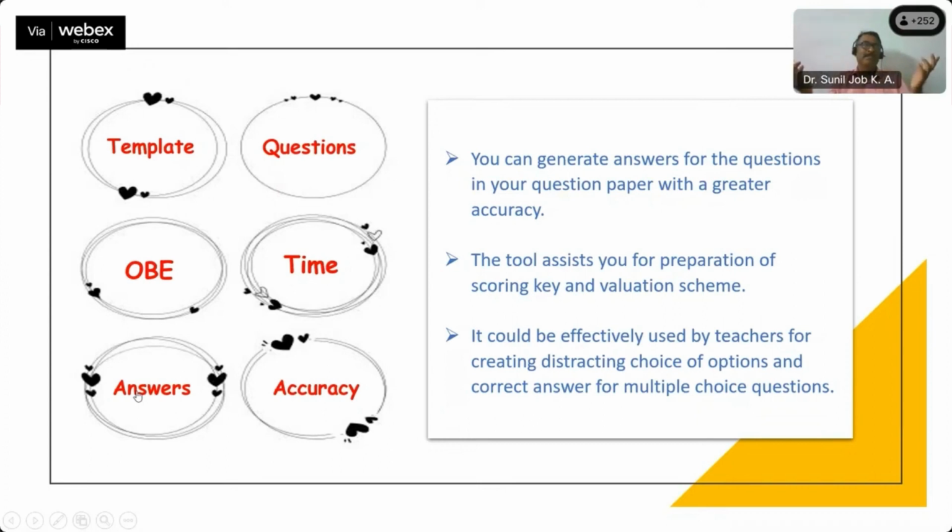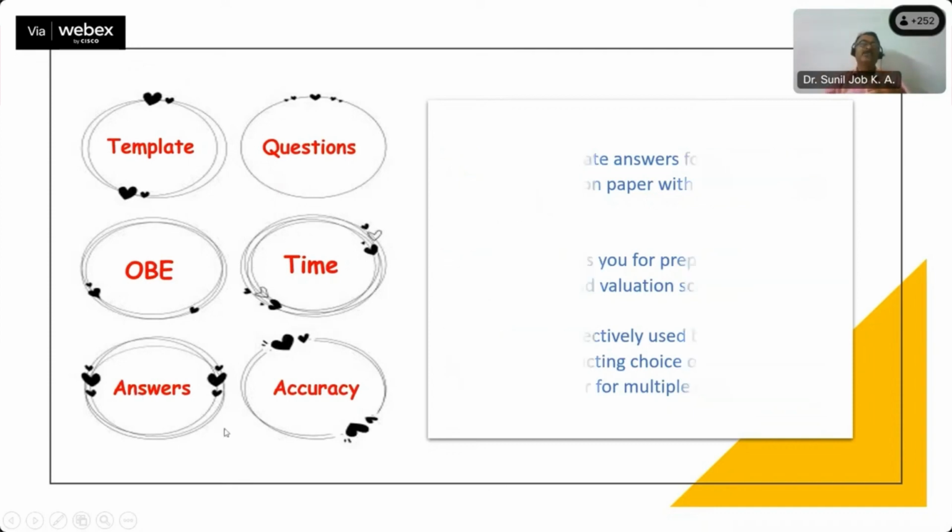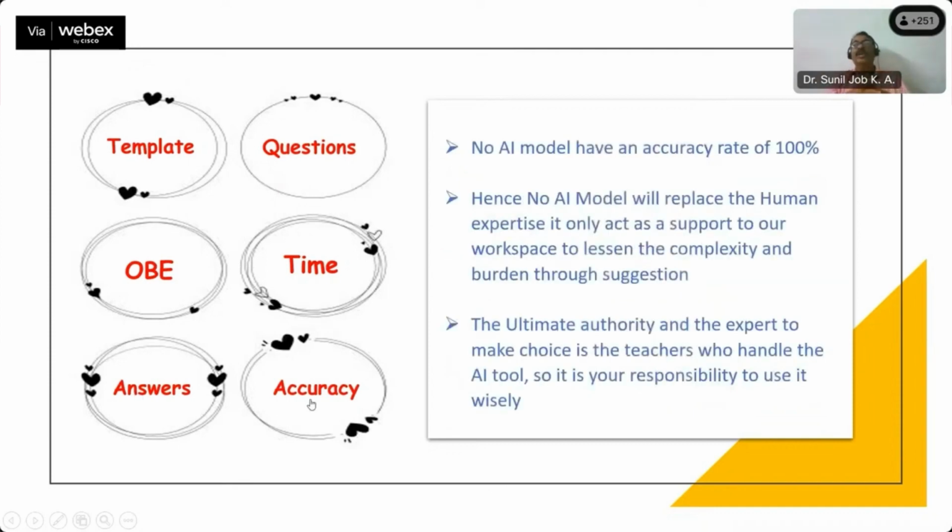If you had 100% accuracy, there would be no need for validating what this AI tool gives. So validation is very important, and that's what I mentioned here. No AI tool has an accuracy of 100%. Hence, no AI tool can replace human expertise. It only acts as a support.